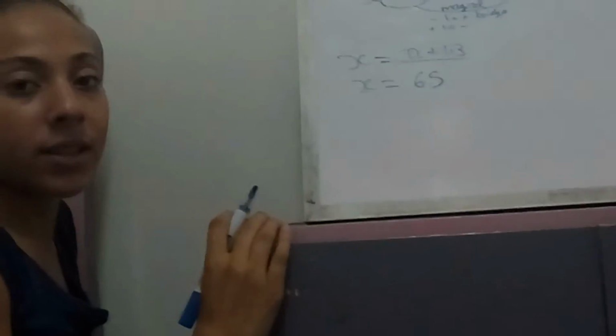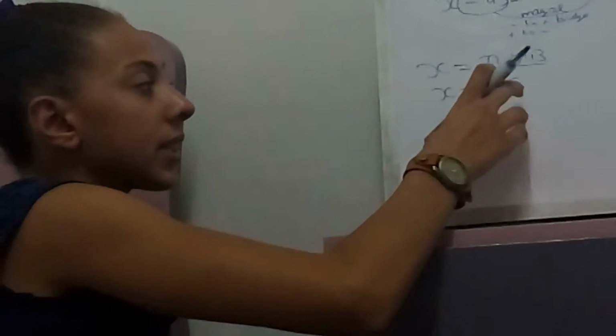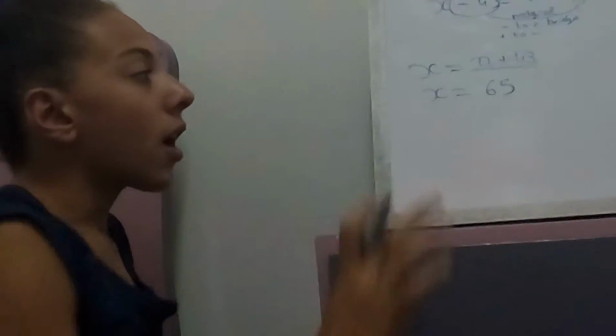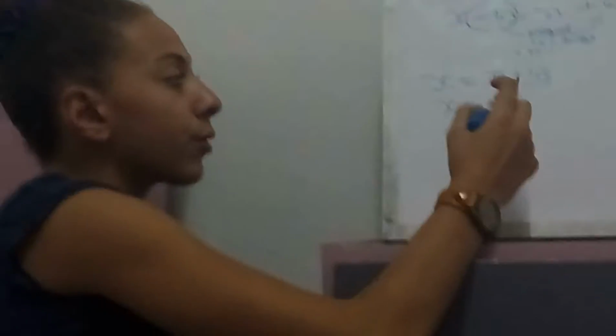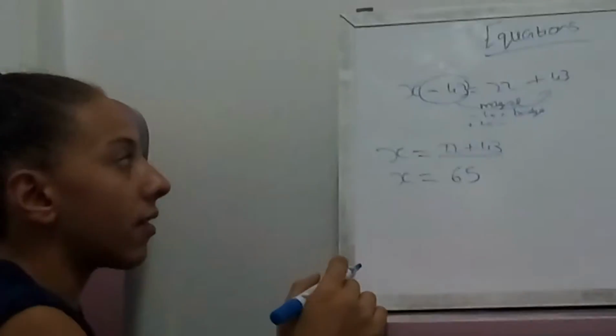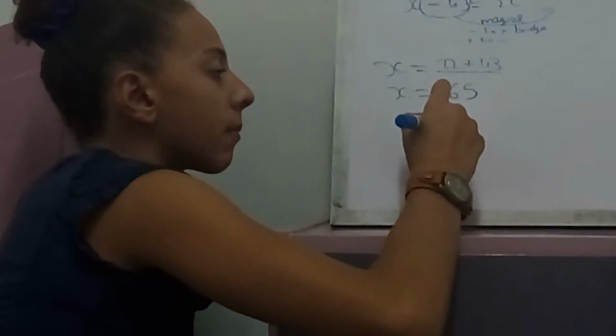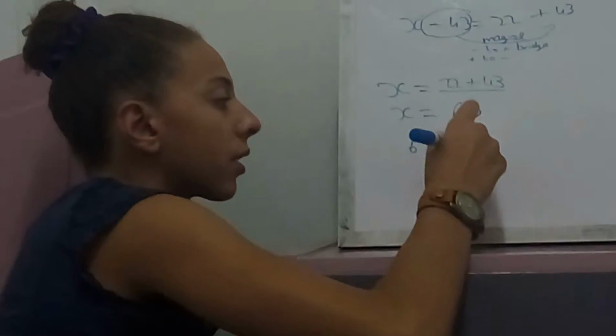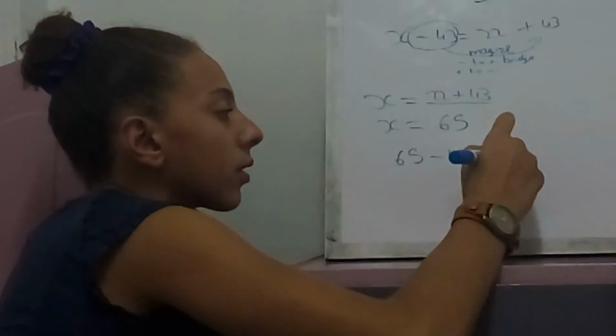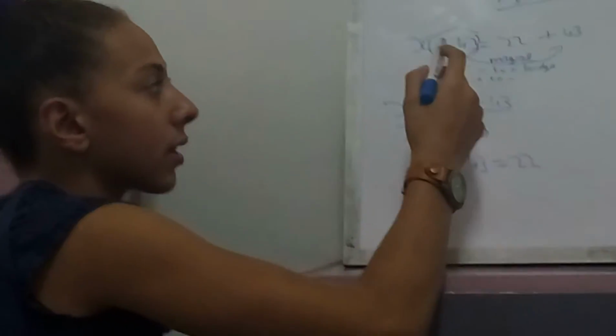How do we check the answer? How do we know if this 65 is the right answer? We'll take away the x from the equation and put 65 instead of it. We'll do 65 minus 43 equals 22. Isn't this the equation?